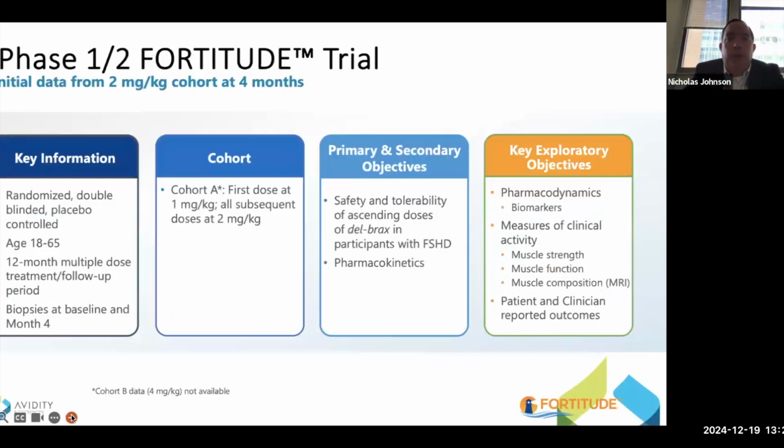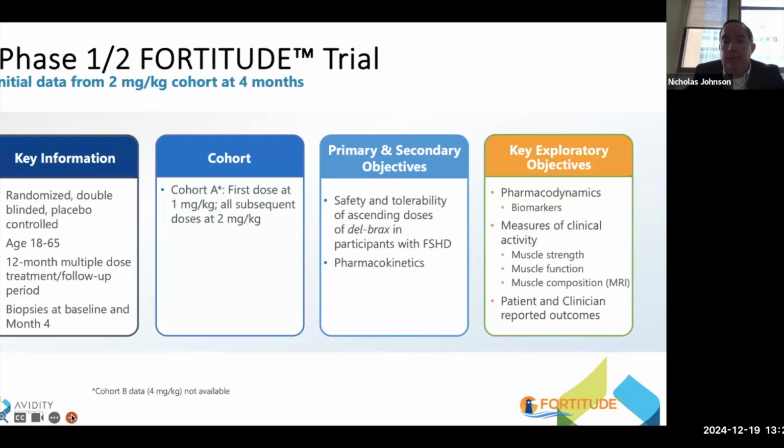The phase 1/2 trial presented their initial results right around the FSHD 360 in June. I was impressed. I think many of you were as well if you saw it. So basically, this is a randomized double-blind placebo-controlled trial. It involves adults with FSHD. It has a 12-month follow-up. There are biopsies to see whether or not that DUX4 is being knocked down, and the company was able to show that they were able to.